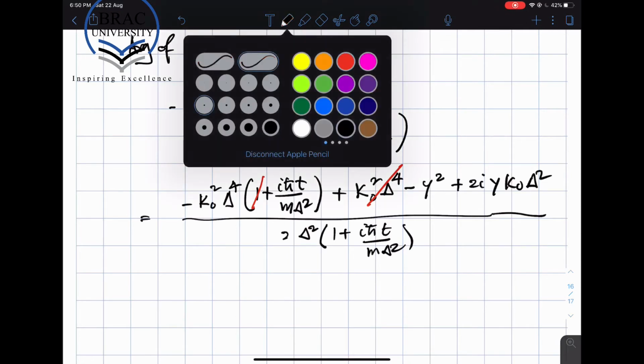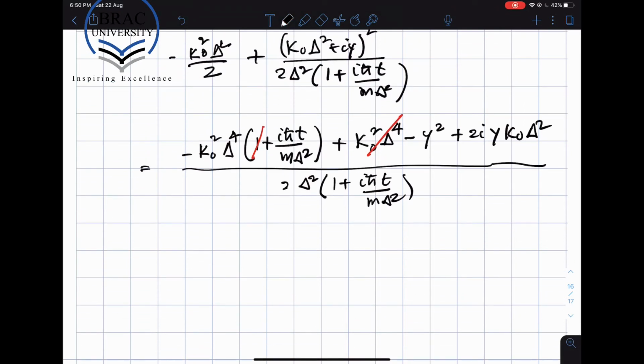So as a result, let's just write the numerator now. What is the numerator? The numerator has minus i h bar t k naught squared delta squared by m, because of the cancellation between delta to the power 4 and delta squared here.